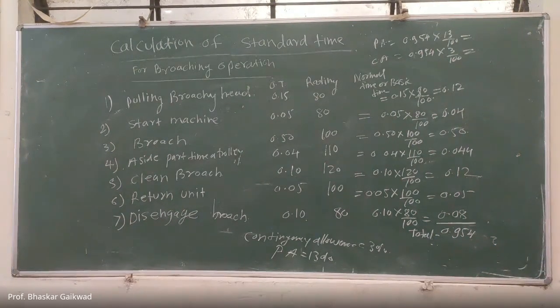On top of the blackboard, I have written personal allowance PA is equal to 0.954 into 30 divided by 100, 30%. And contingency allowance, that is 3%. You tell me the answer.